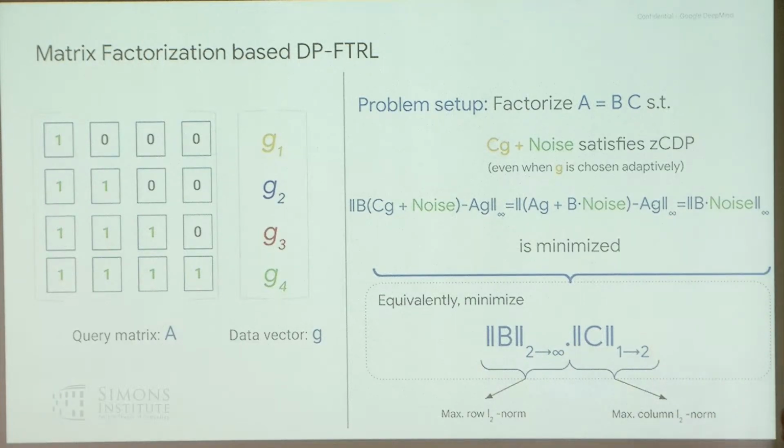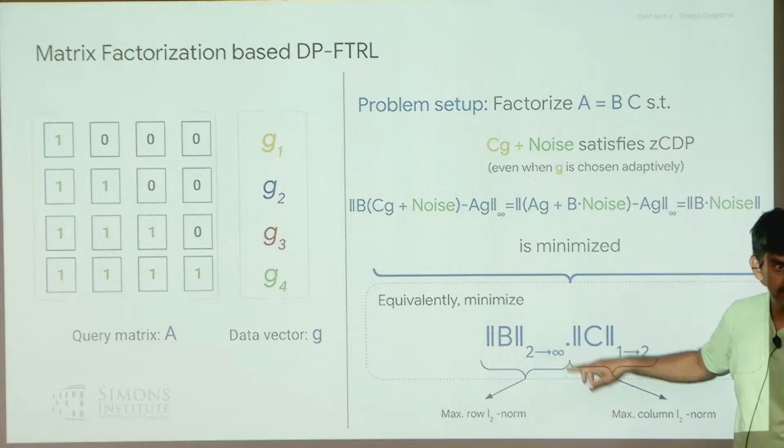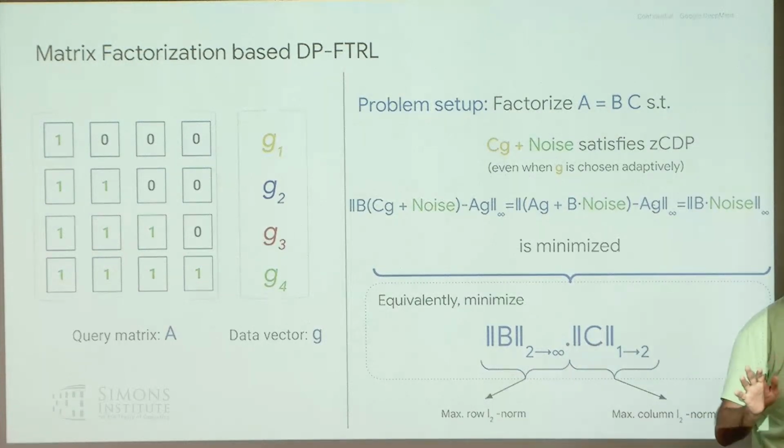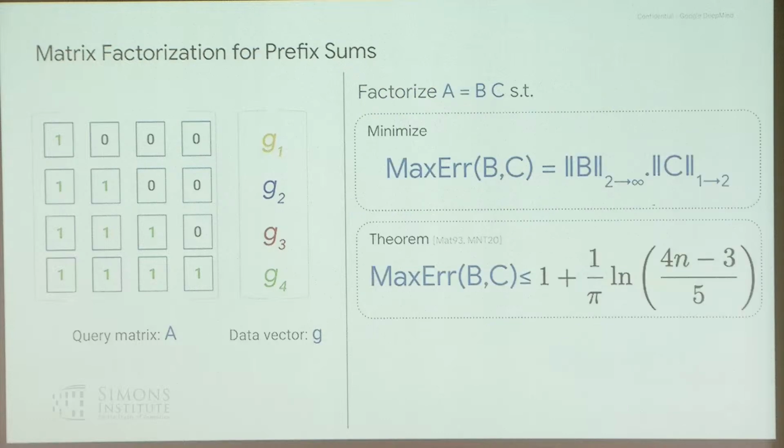That's the part where I'm making the jump: you really need to care about the factorization norm of B and C. I want to factorize the lower triangular matrix of ones into B and C such that the max L2 row norm of B times the max column L2 norm of C is minimized. This is also called the factorization norm, and this particular norm has been studied extensively in computational geometry.